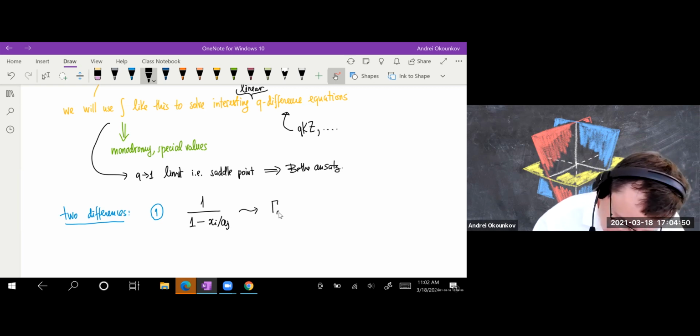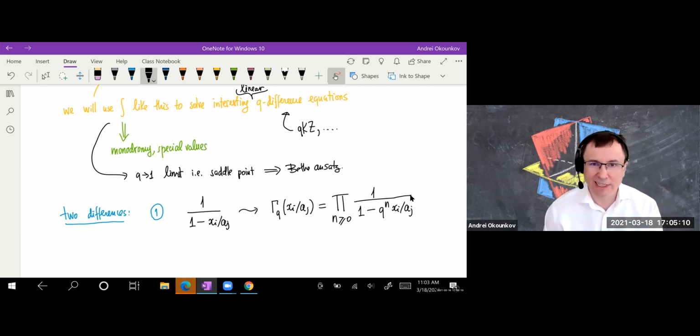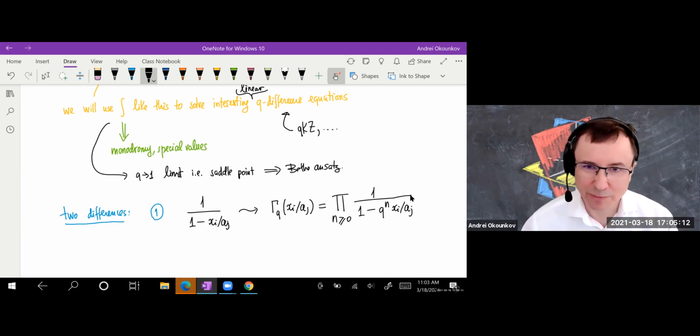So this is the Q gamma function of xi over aj, which is an infinite product over n bigger or equal to 0 of 1 over 1 minus q to the n xi over aj. So this is a solution of an interesting Q-difference equation.